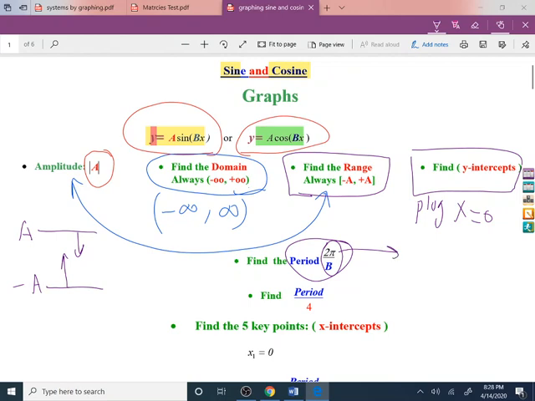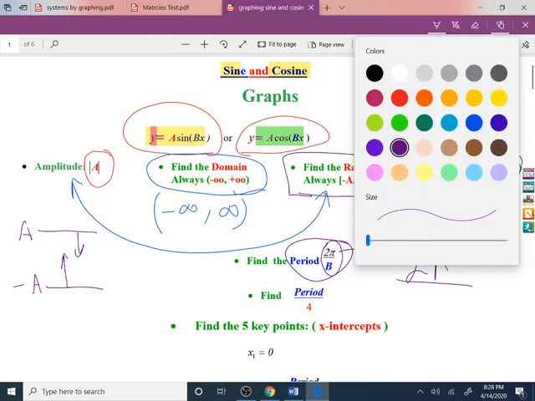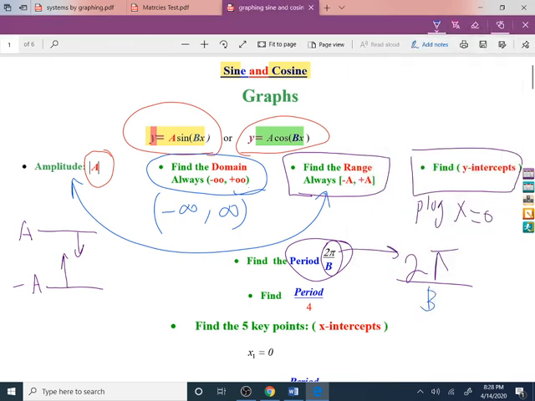You always have 2 pi and you divide it by the value of b. B from where? From here or there. Now we have amplitude, domain, range, y-intercept, and the period.